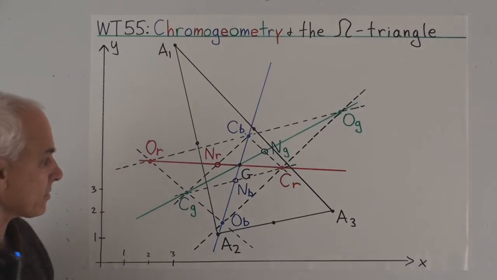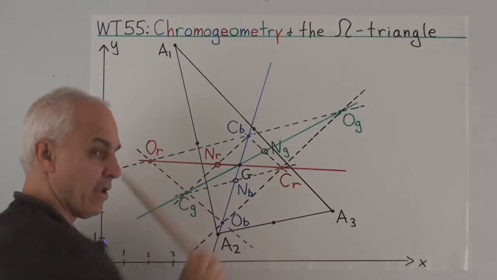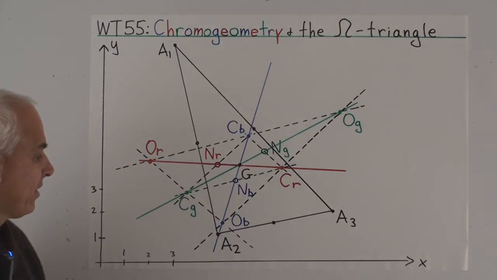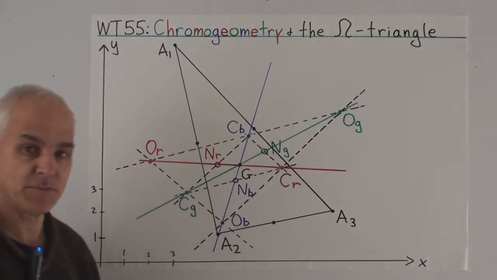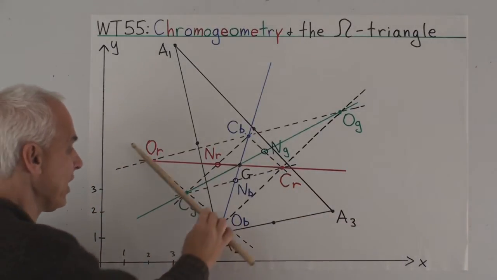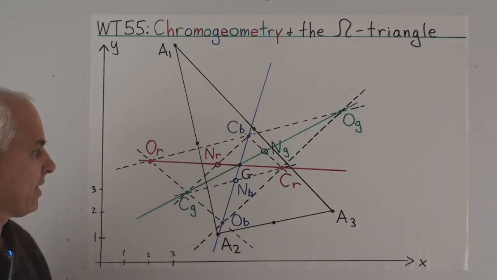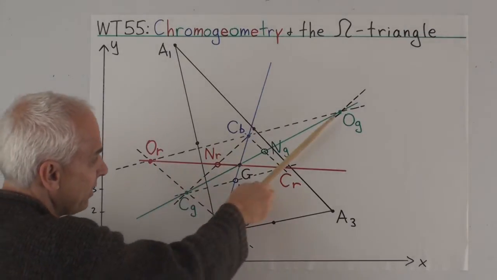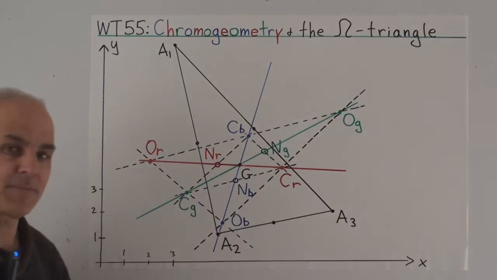For example, a line joining 2 midpoints is necessarily parallel to the opposite side. So the line joining the blue and the red circumcenters has to be parallel to the line joining the blue and the red orthocenters. And similarly, that line is parallel to that one, and that line is parallel to that one.